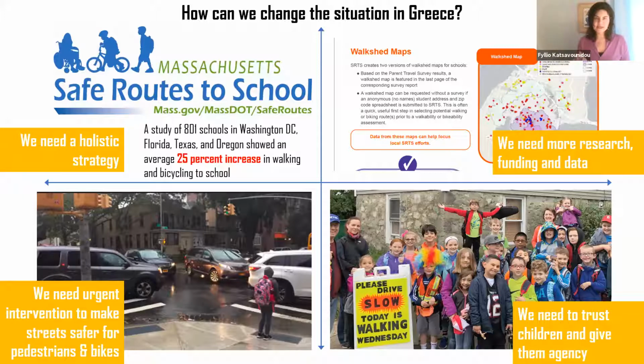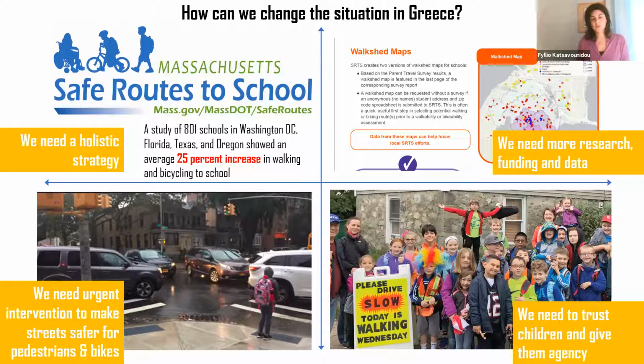In order to change the situation in Greece, we have, first of all, to have a holistic strategy. And I think the Safe Routes to School program that has been implemented with great success is a very good program to adapt and bring to the Greek context. The second is that we need more research and more data on this very crucial aspect of mobility, children's mobility specifically.